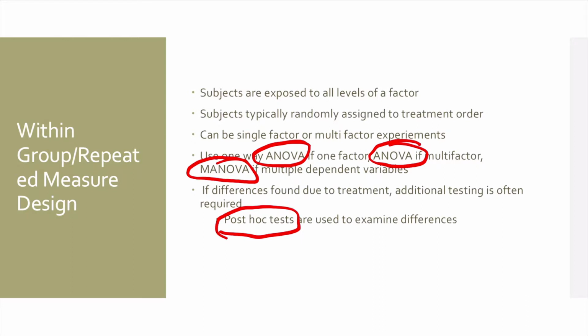So the biggest difference in a within groups study is that the subjects are exposed to each of the treatments. Statistically, this is a stronger design than a between groups study because you're comparing one subject's performance after a treatment to the same subject's performance after a different treatment.